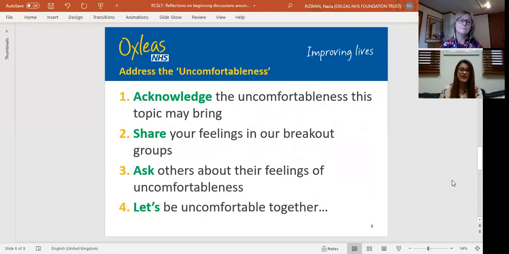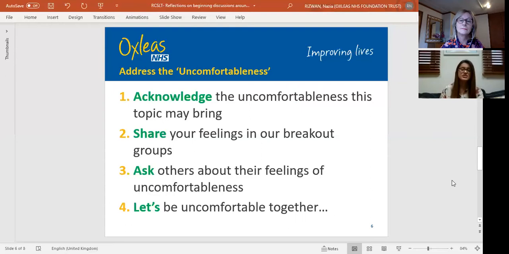So then I introduced this slide, which is just talking about how you can address the uncomfortableness. The aim behind this was to help people prepare around talking about these issues, particularly when we then went into the breakout groups. It was around acknowledging that it can be uncomfortable, sharing your feelings and asking others.